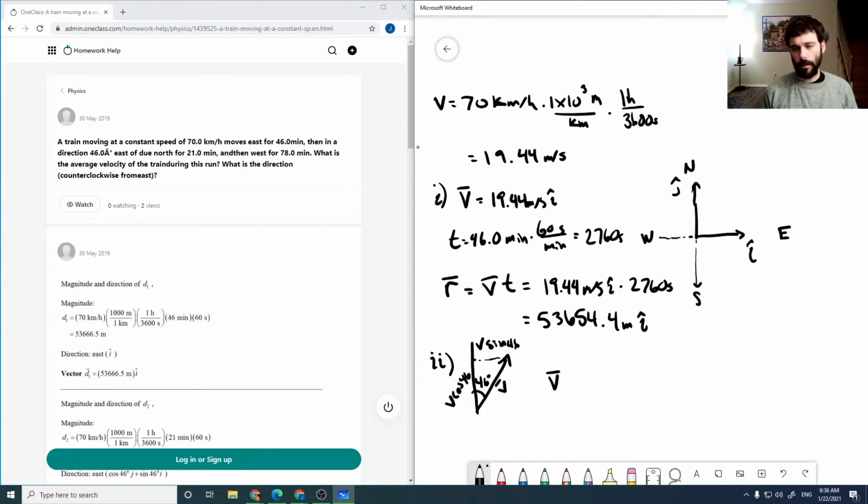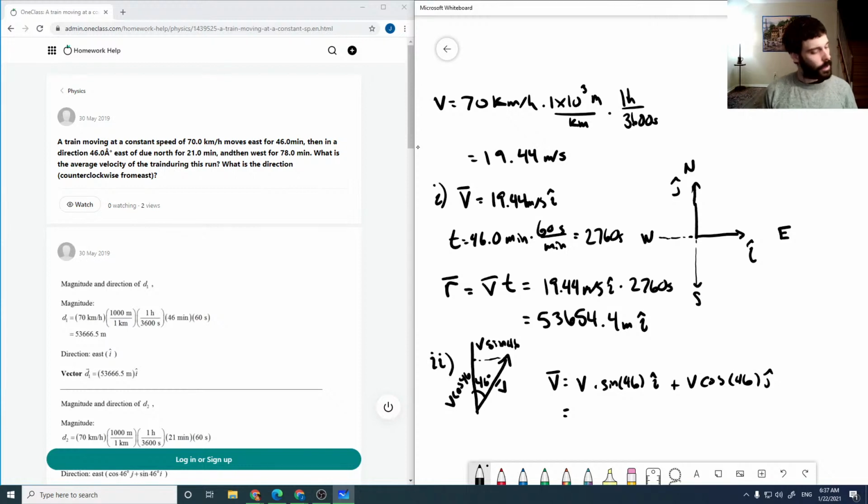So my velocity is my magnitude V times sine 46 in my i hat plus V cos 46 in my j hat.